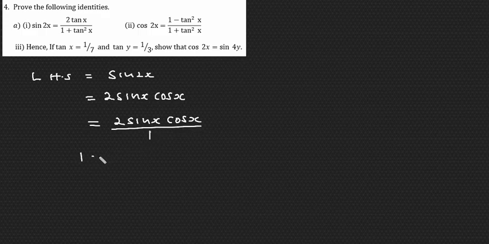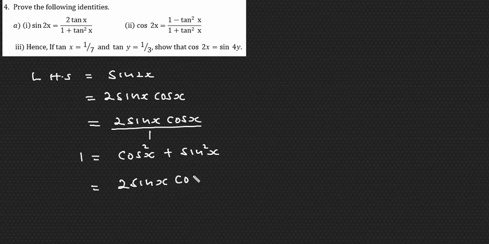But 1 is equal to cos squared x plus sin squared x. So this can be written as 2 sin x cos x over cos squared x plus sin squared x. So I have divided with the 1. We know this identity from the Pythagoras theorem.